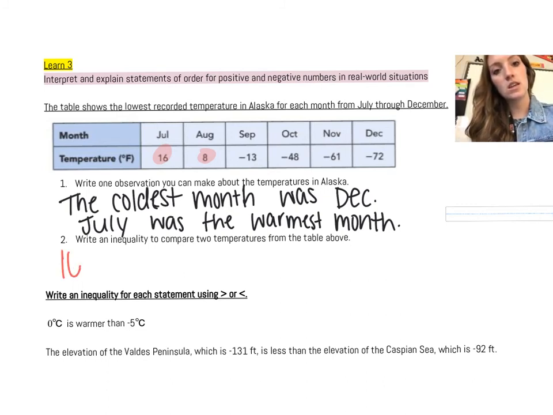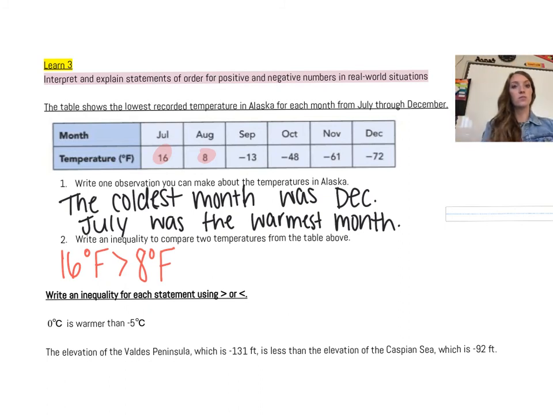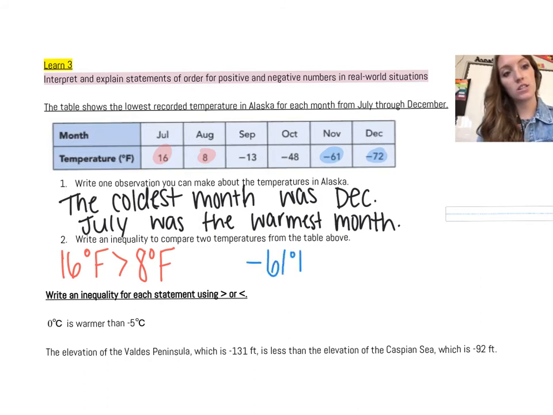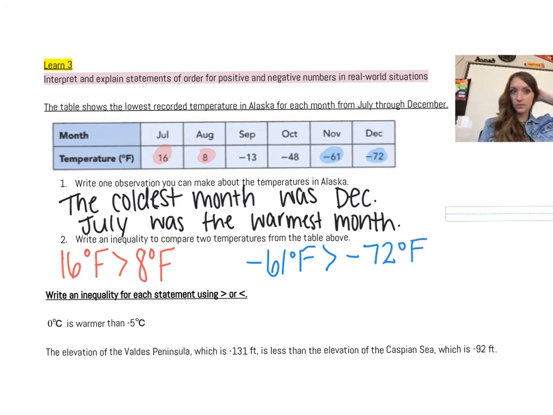So 16 degrees Fahrenheit is greater than 8 degrees Fahrenheit. That's a true statement. If I wanted to compare November and December, I would say negative 61 degrees Fahrenheit is greater or warmer than negative 72 degrees Fahrenheit.